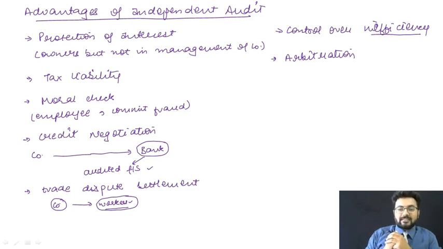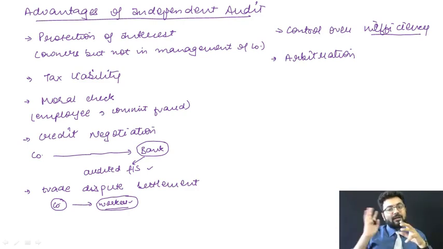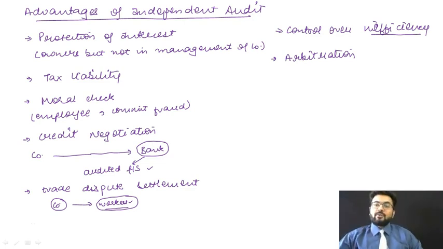Arbitration is a third party settlement, an alternate dispute mechanism, where in spite of approaching the court, you can straight away move on to a third party who is going to settle the accounts. Over there, furnishing audited financial statements will give you an advantage, because they are going to prefer audited financial statements over unaudited ones.